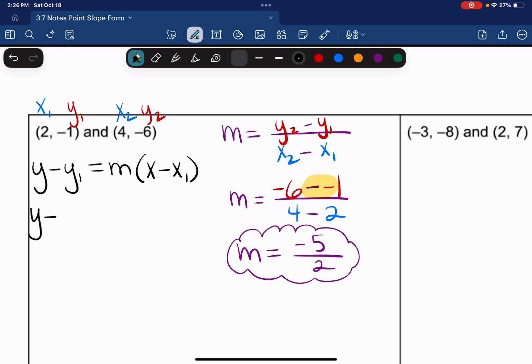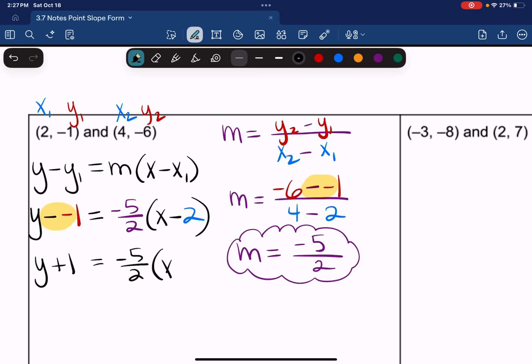Y minus our y1 value, which was -1, equals our slope of -5/2 times x minus x1, which is just the number 2. And again, we do not want to leave this minus a negative value here. It really means plus. So I'm just going to go ahead and rewrite this as y plus 1 equals -5/2 times x minus 2. And that right there is the point slope form of the line that contains these 2 points.